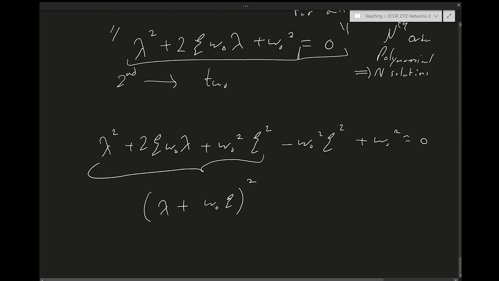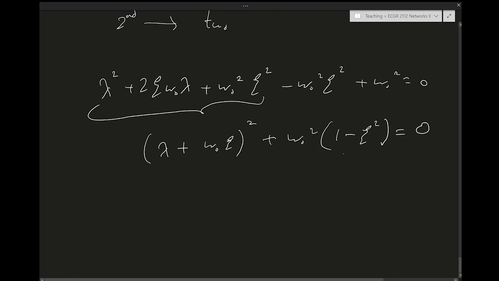This is what this is, right? Lambda squared, omega squared zeta squared, and then 2 omega naught zeta lambda. I've just completed the square, and then I end up here with plus omega naught. Take the omega naught out, I end up with 1 minus zeta squared equals.